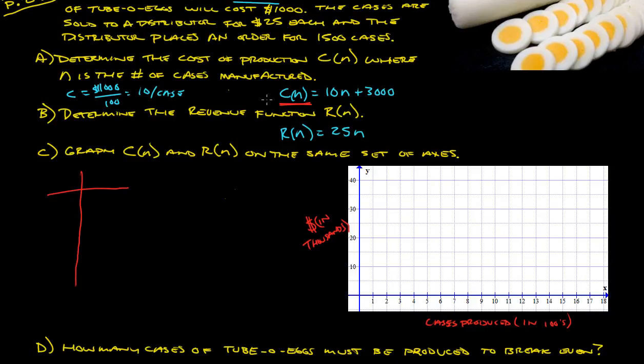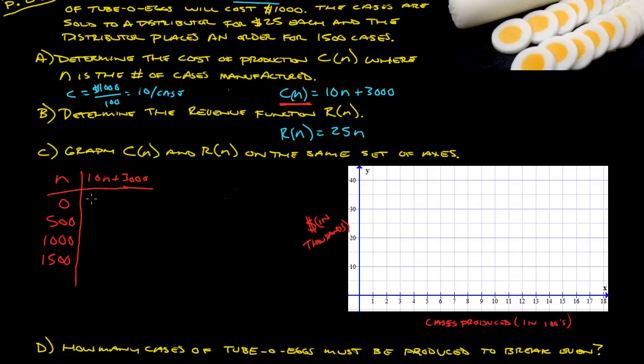So this will be our cost function over here, so N, and then our cost function is 10N plus 3,000. This is cases produced in hundreds, so let's do 0 cases, and then this 5 actually stands for 500, so let's do 500, maybe 1,000, and 1,500, and see what we get.